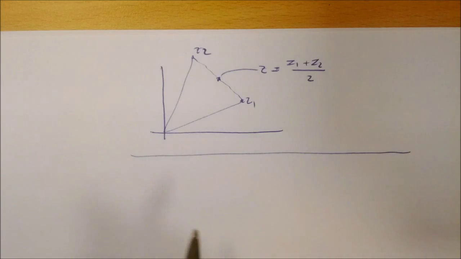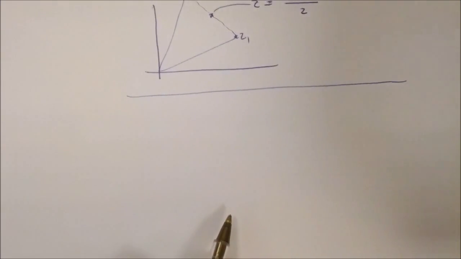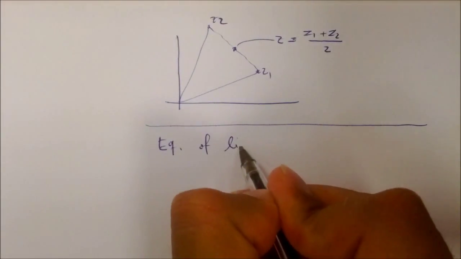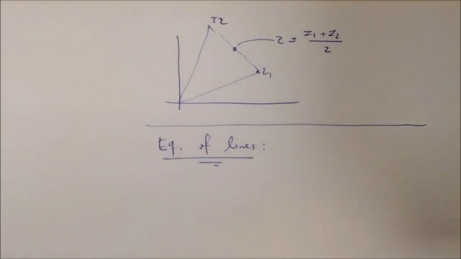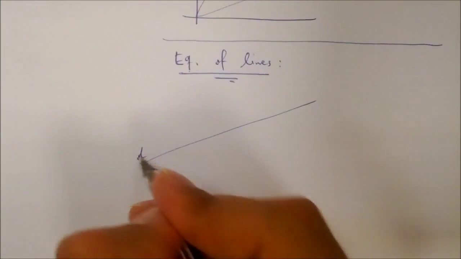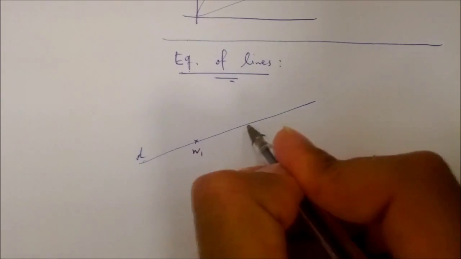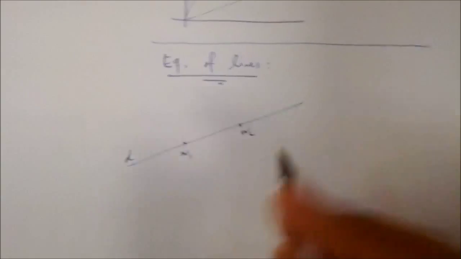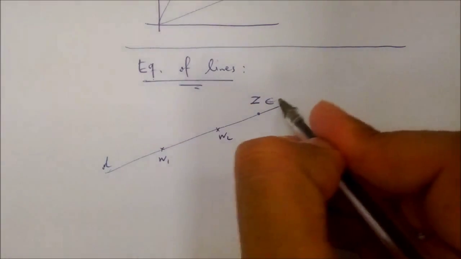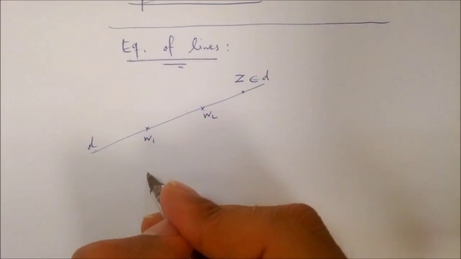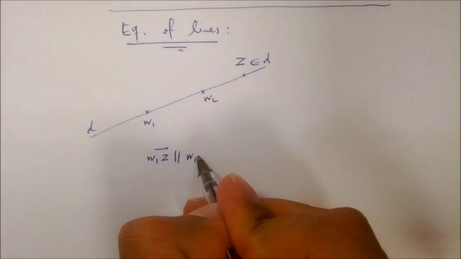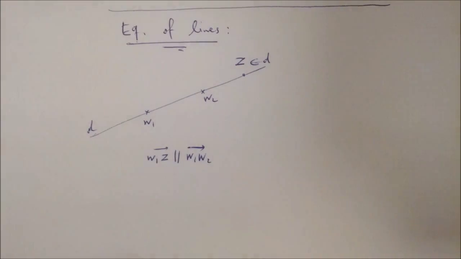So after these basic concepts, I consider the equation of lines. This is the main topic of this lecture. So if I consider a line D which passes through two points w1, w2, and if I consider an arbitrary point z which belongs to D, I can say that the vector w1z is parallel to w1w2.